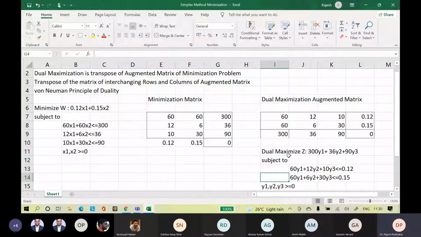So now we have to solve for the maximization using this. Once we have solved the maximization, here you will get x1, x2, here you will get y1, y3.